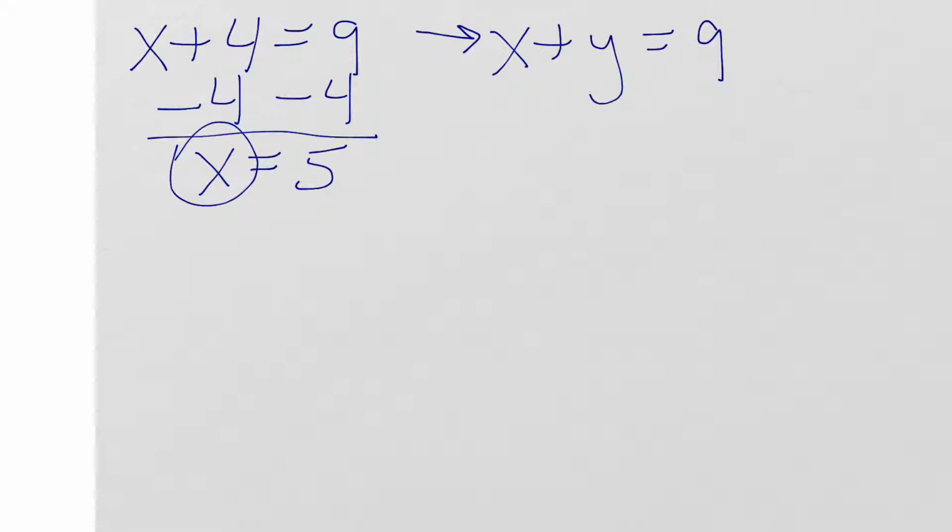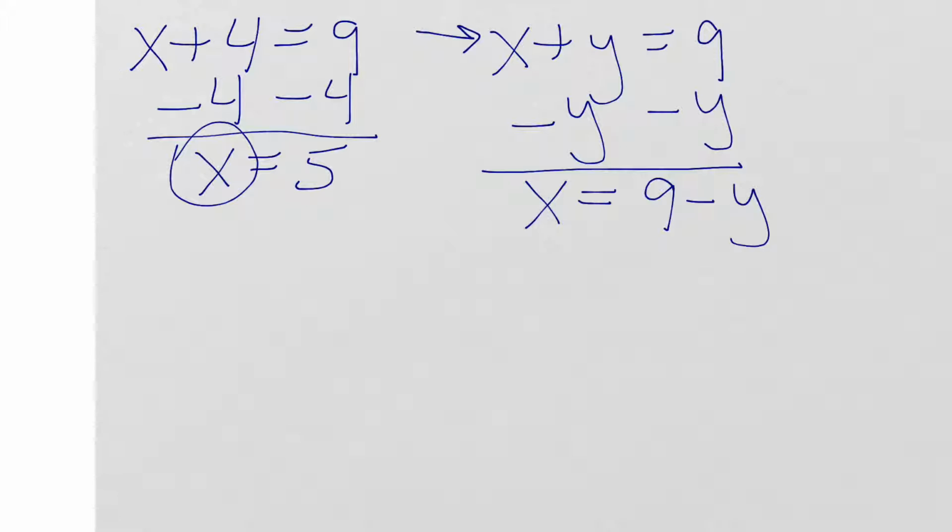So just as we subtracted 4 on the left side to get x by itself, we would subtract the y on both sides, which would get the x by itself on one side, and on the other side would leave the 9 minus y. And even though we don't have a numerical solution like 5, we're still done with this problem. We have isolated the x in this equation.